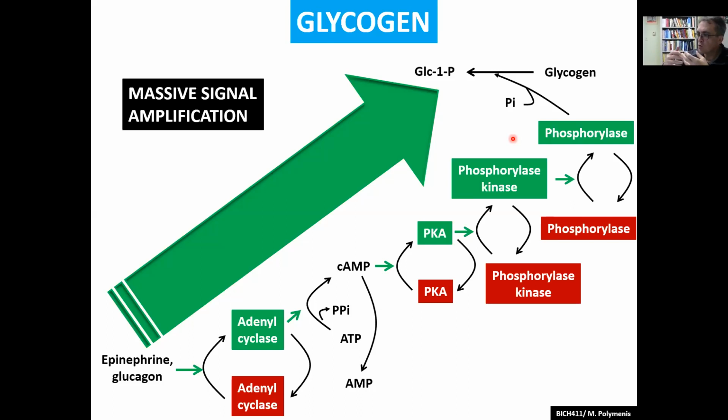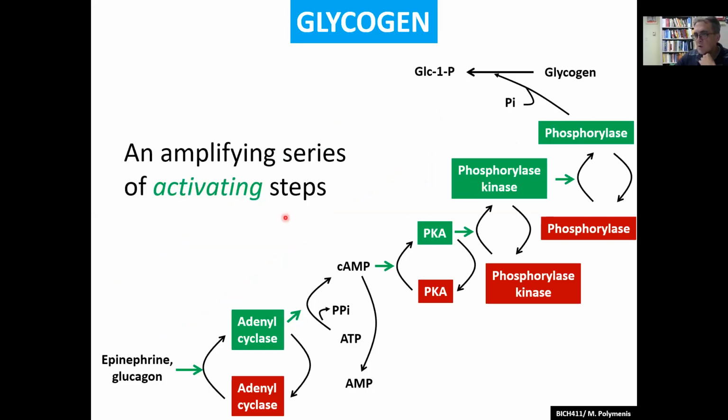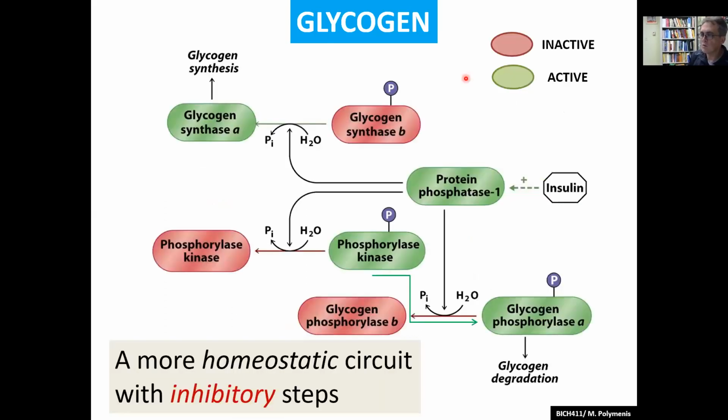So you want to exercise control, which is again different from homeostasis, which is what insulin does. And in this case, with epinephrine, you have a series of activating steps, one activation after another, after another, and then eventually you balloon, the signal is enormous and you can get things done. That flips you from one state to the other. Insulin's job is different, right? It's to just keep rested, no need to do anything, stay put.